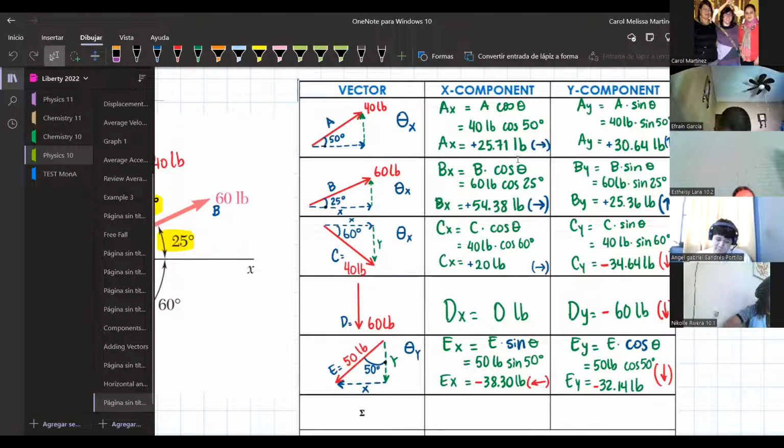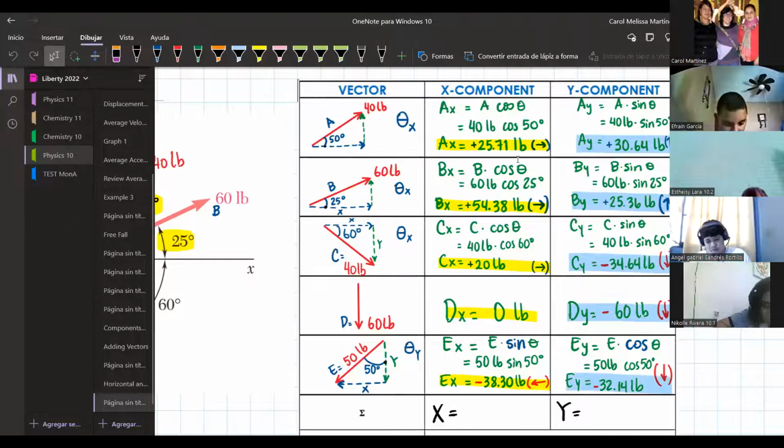So I need to continue and I need to get X and Y. Okay, so you're going to need to add everything to get X, and you're going to need to add everything from this side to get all the Y. So your X is how much?